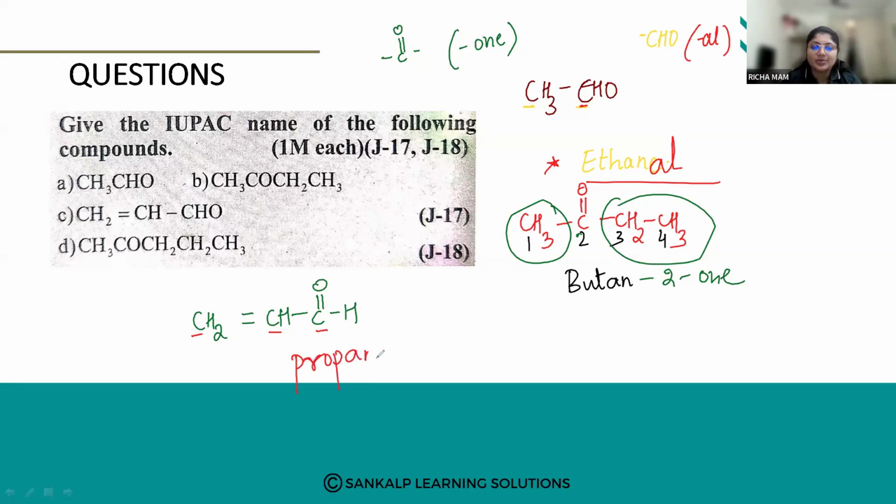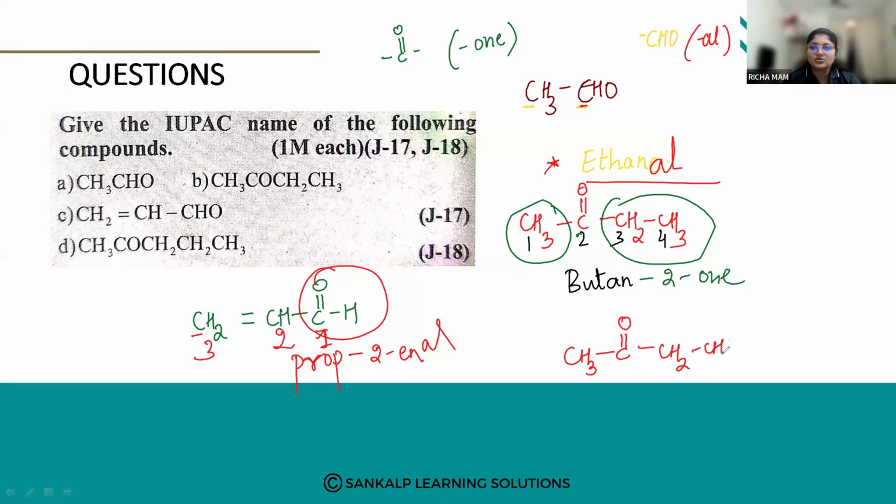The double bond should get the least number, and at the 2 position you have the double bond, so it is prop-2-ene, and the aldehyde is represented by al. So it is prop-2-enal. Got it?